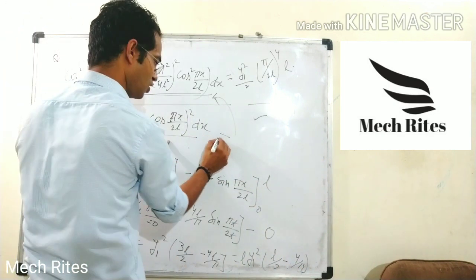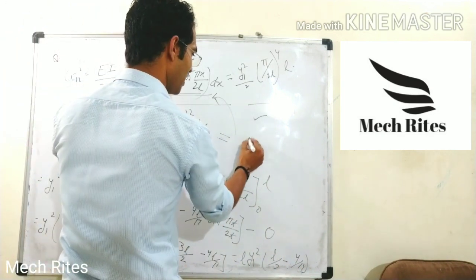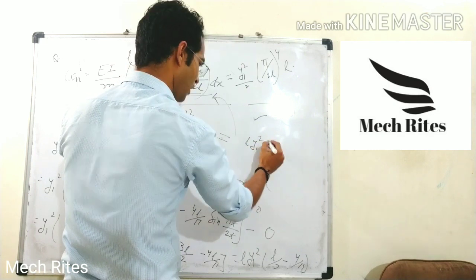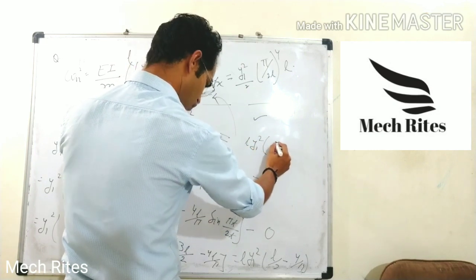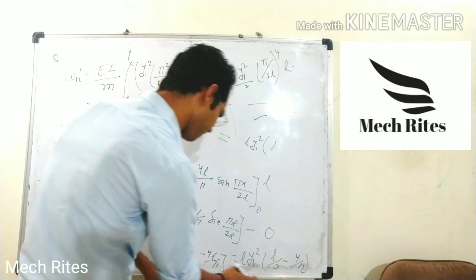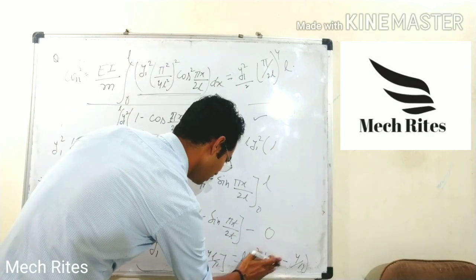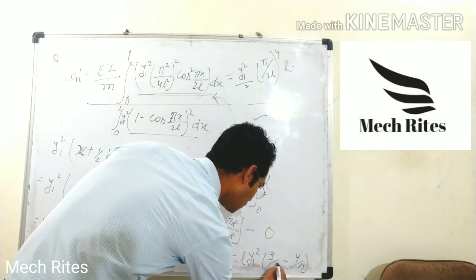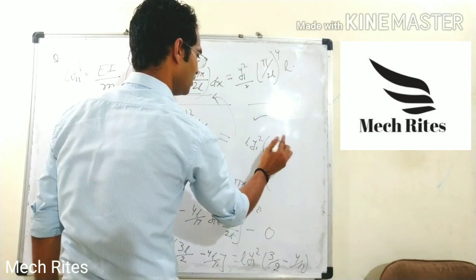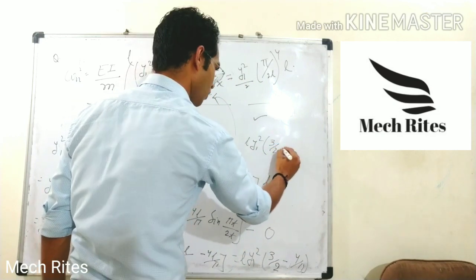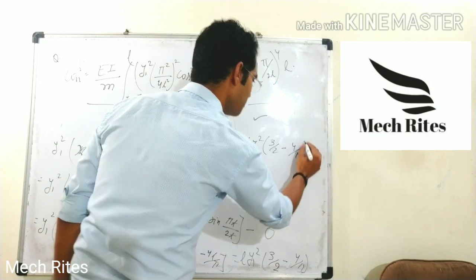So finally for the denominator I will write L y1 square, 1 by 2, oh sorry, here it is 3 by 2. So I will write here 3 by 2 minus 4 by pi.